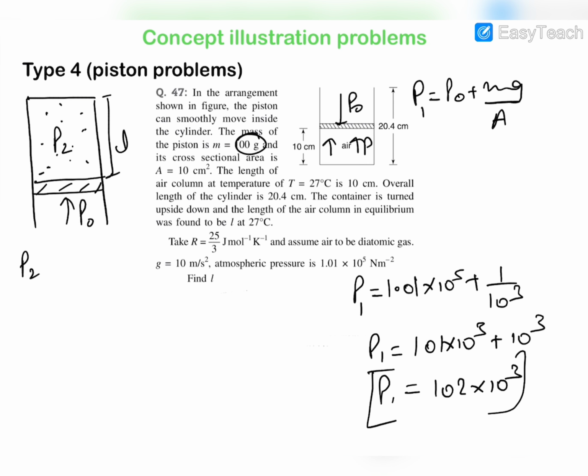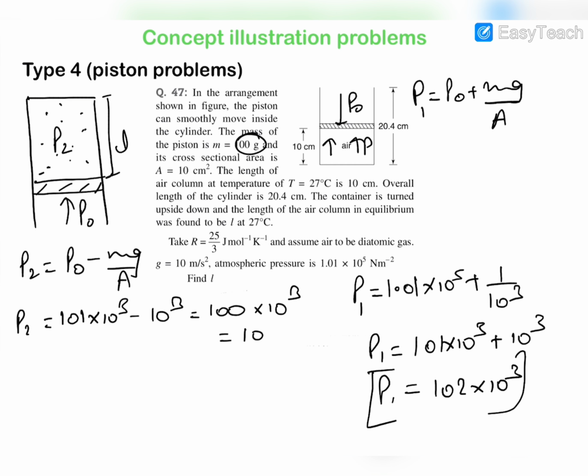So P2 will be equal to P naught plus mg upon area. In fact, P naught minus mg upon area. So P2 will be equal to 101 into 10 raised to power 3 minus 10 raised to power 3, which is equal to 100 into 10 raised to power 3. So it is 10 raised to power 5.